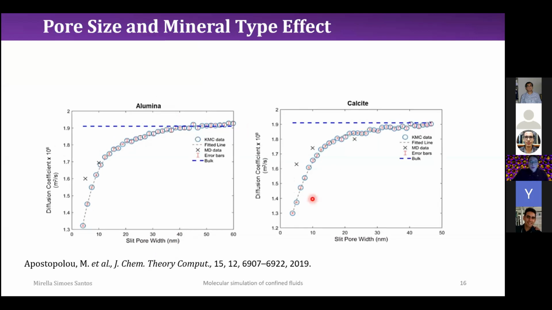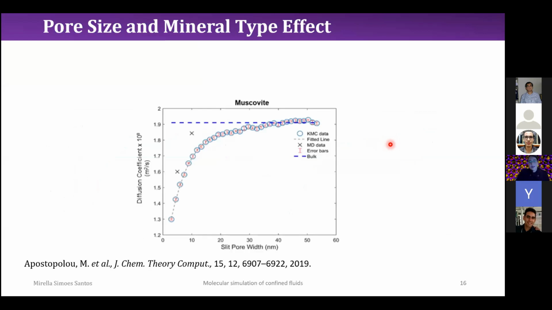And we have the same for all of the minerals. And here we have also for calcite one extra point for 25 nanometers. So this point here was calculated separately through molecular dynamics simulation. We have a very small deviation from what is predicted through this model. And we also have it for muscovite.